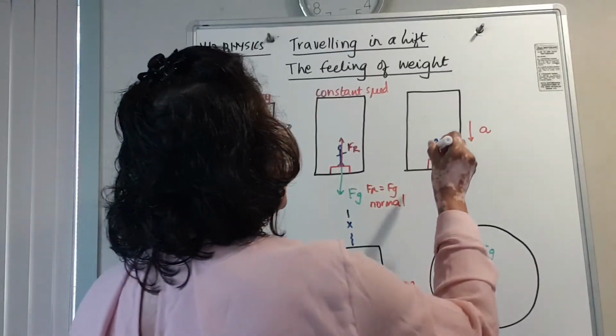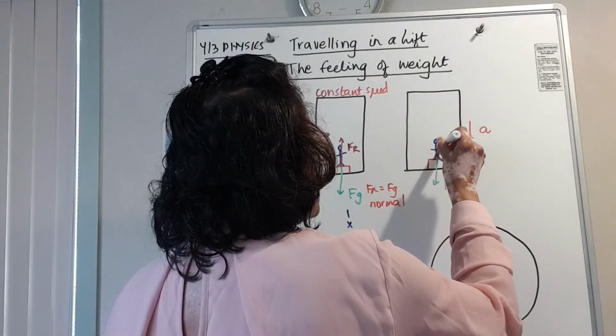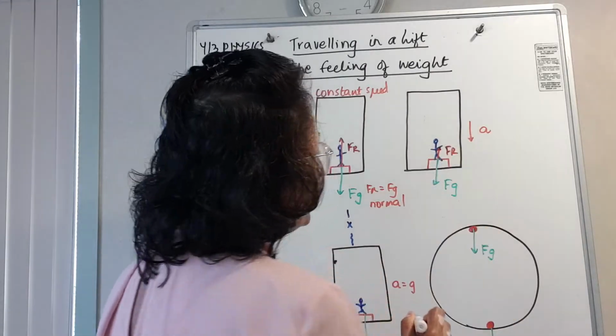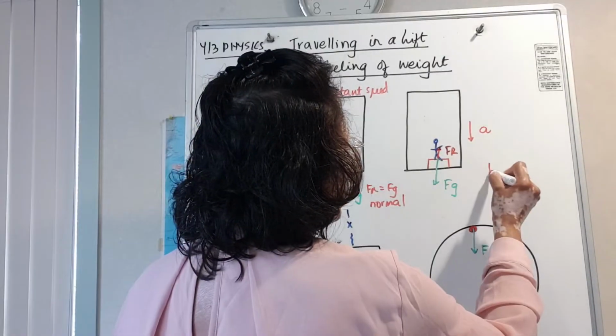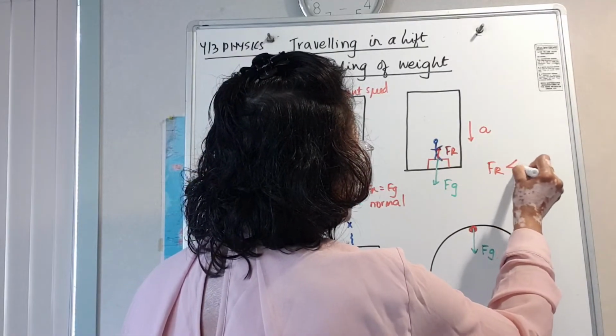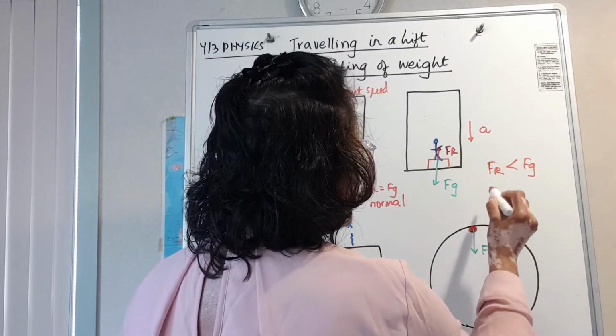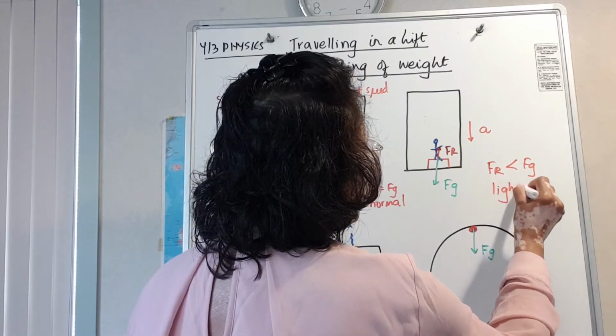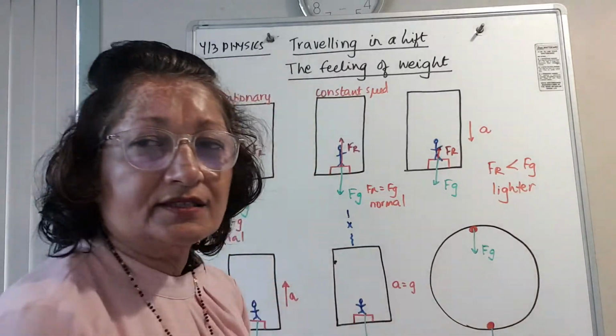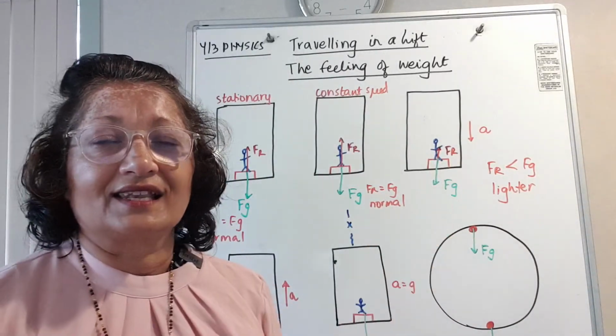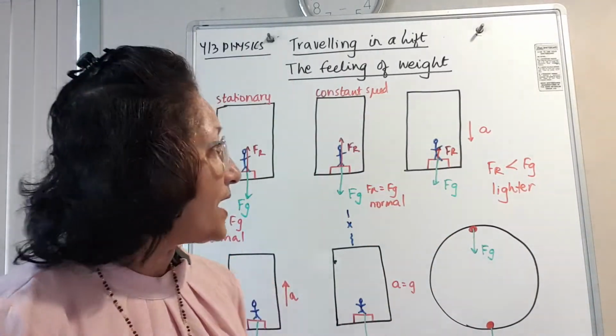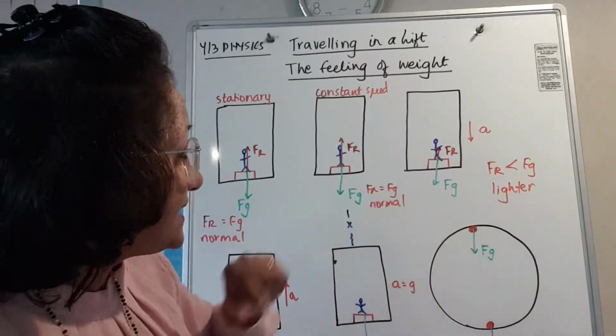So the size of the reaction force is quite small compared to the size of the gravity force. Because the reaction force is smaller, you are going to feel lighter than you usually are. Okay, so this is accelerating down.